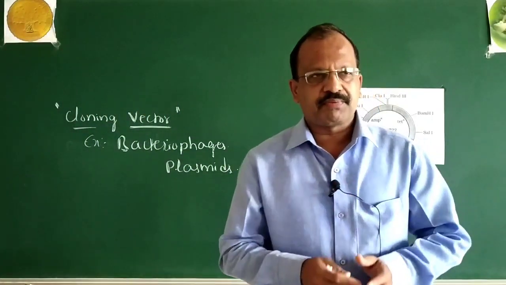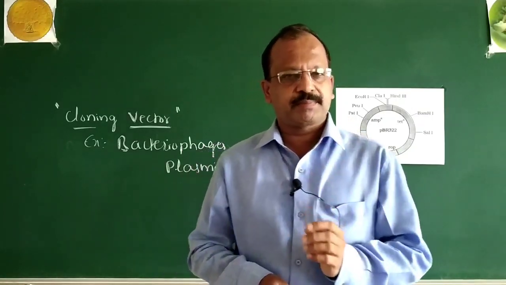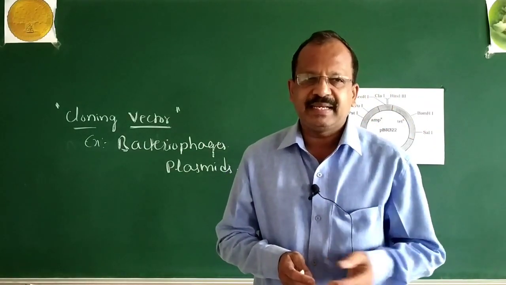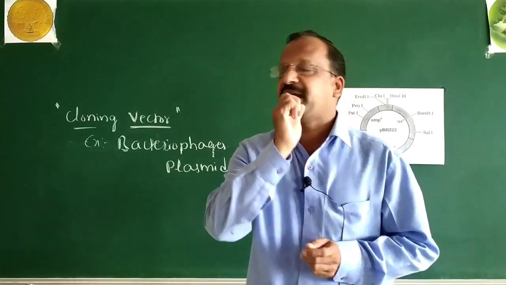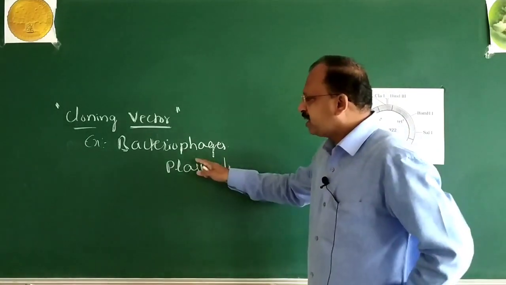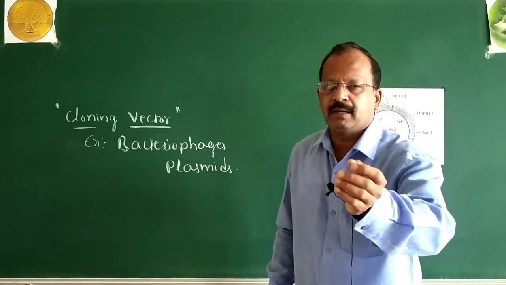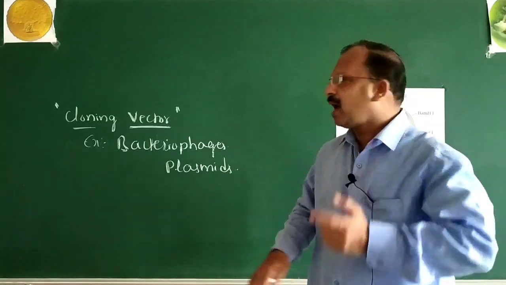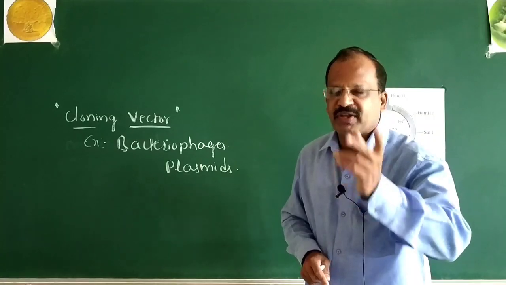Viruses are classified based on different criteria. One is based on the type of cell which they infect. Initially I covered that viruses which infect bacteria are called bacterial viruses or bacteriophages.